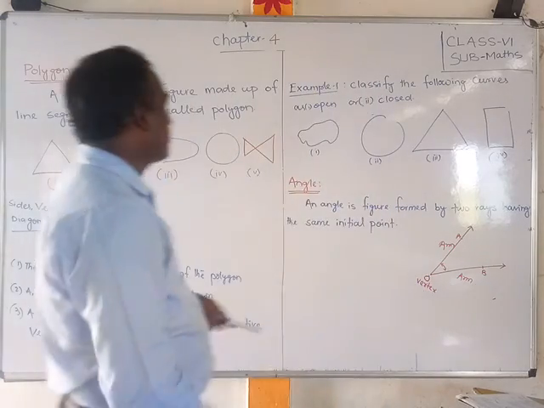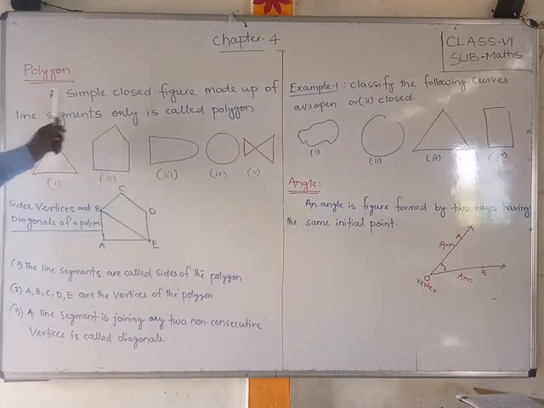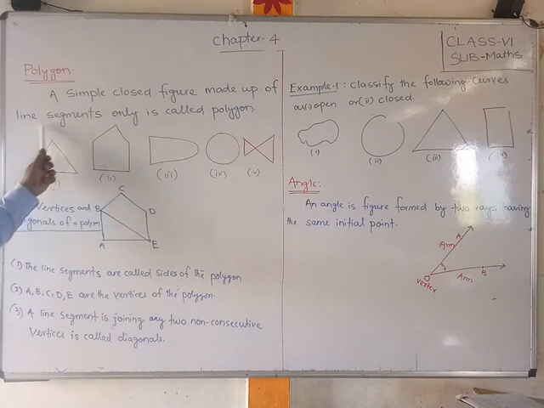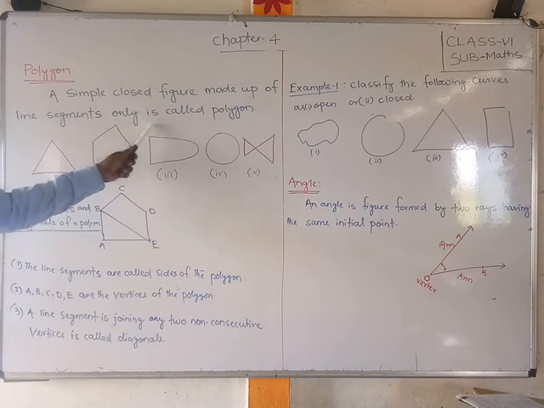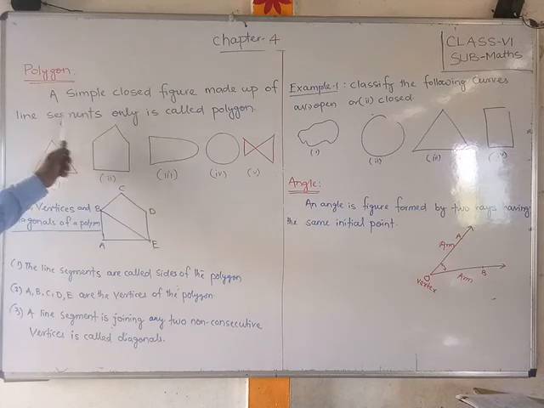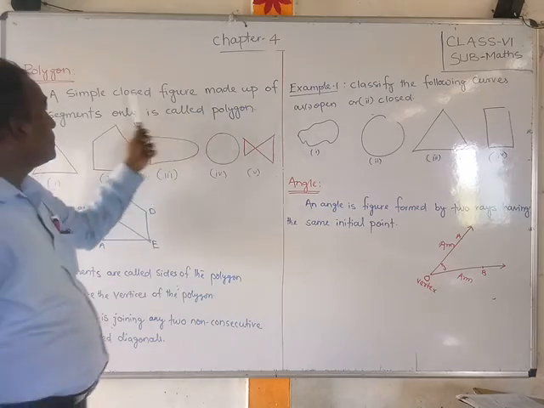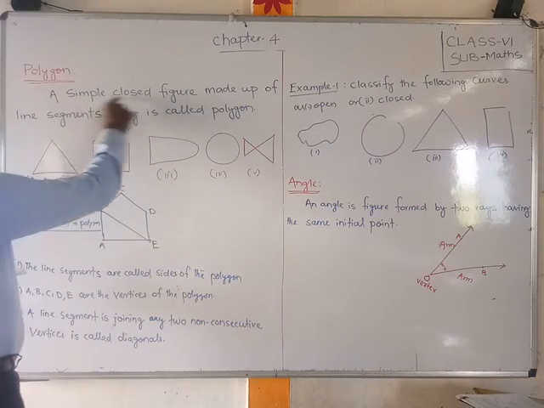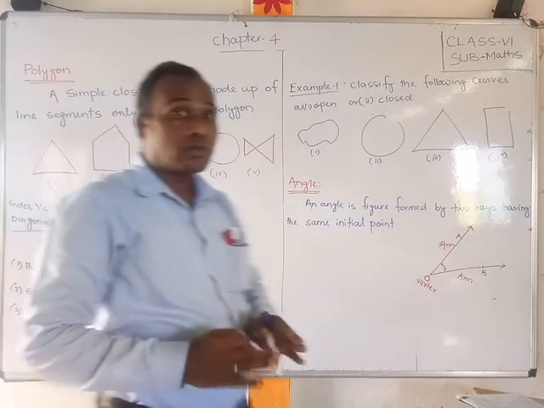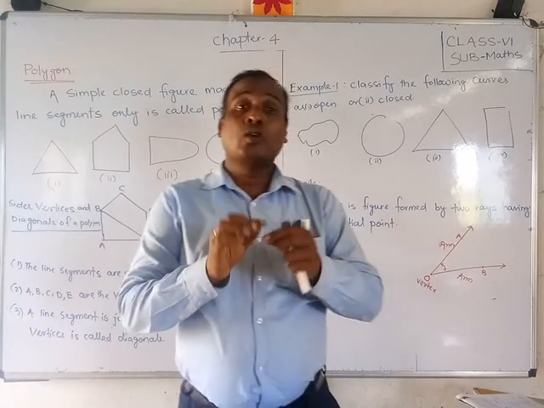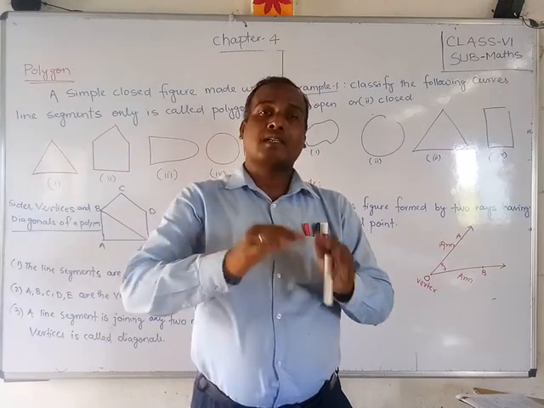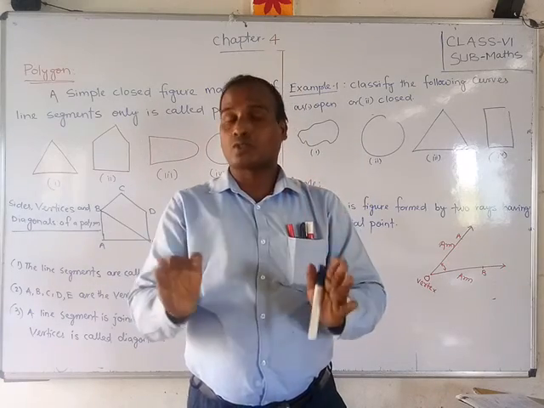Just listen. A simple closed figure made of line segments only is called a polygon. Observe here a simple closed figure. A simple closed figure means it should not intersect again. That is called a simple curve or simple closed figure.